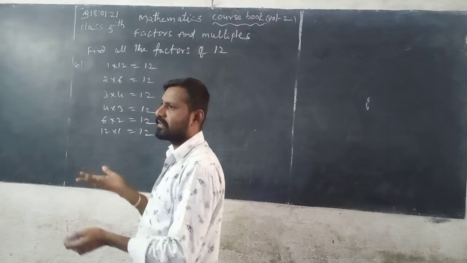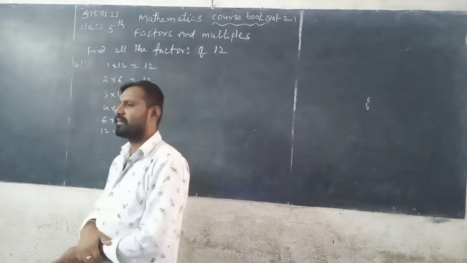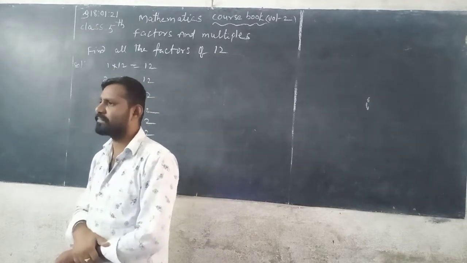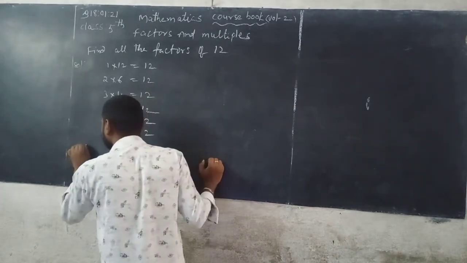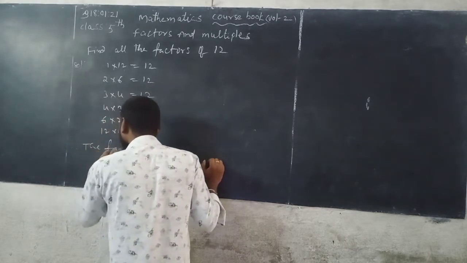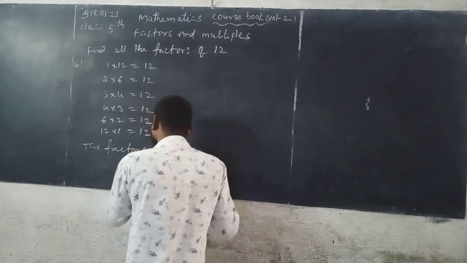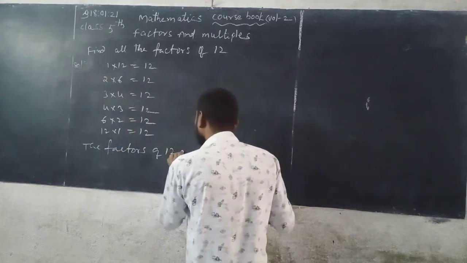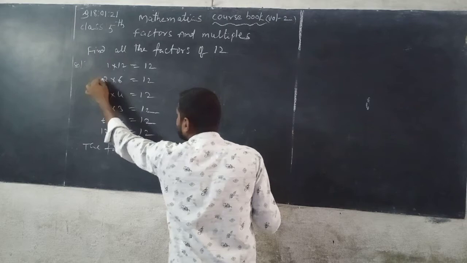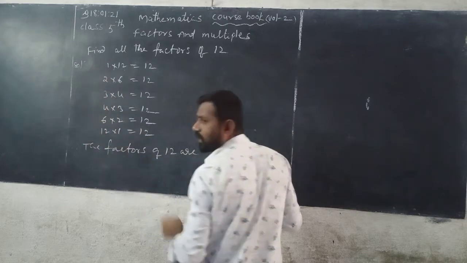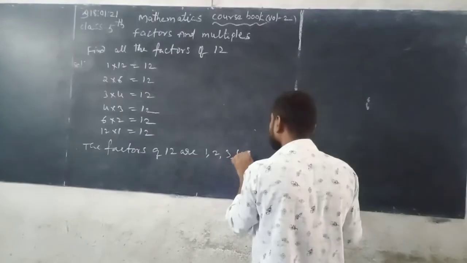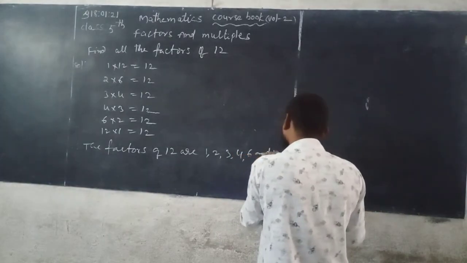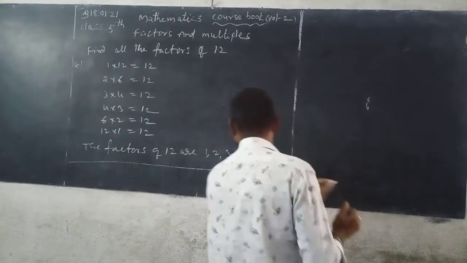Next, 7 not possible, 8 not possible, 9 not possible, 10 not possible, 11 not possible. Next, 12 1s are 12. Therefore, the factors of 12 are 1, 2, 3, 4, 6 and 12. Write down, everybody.